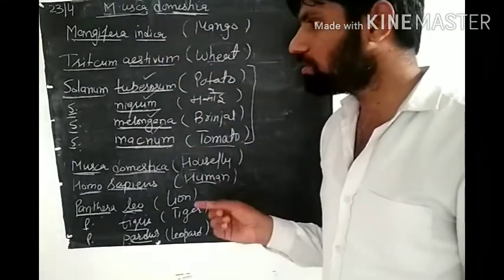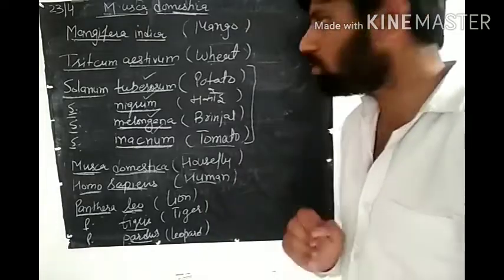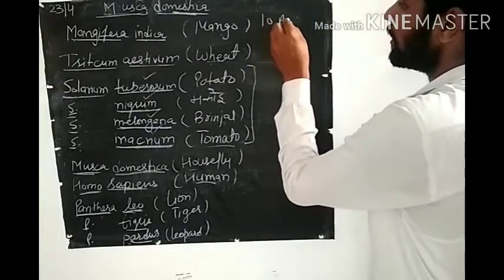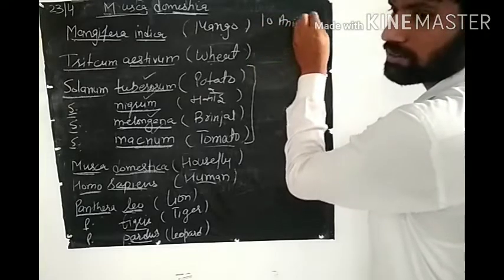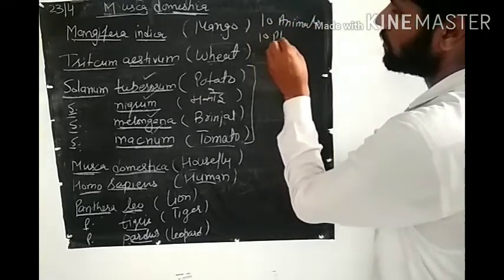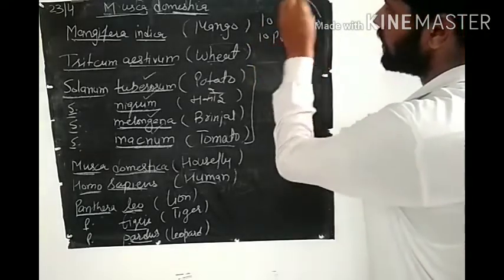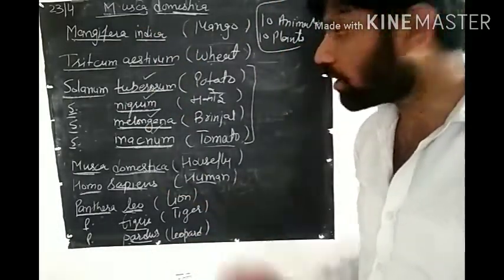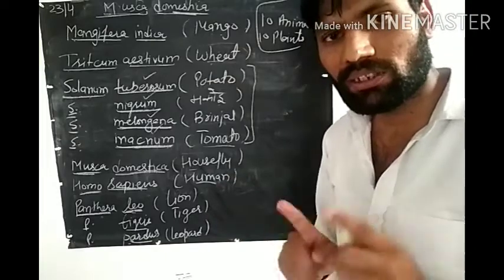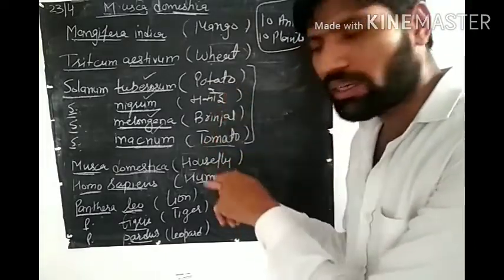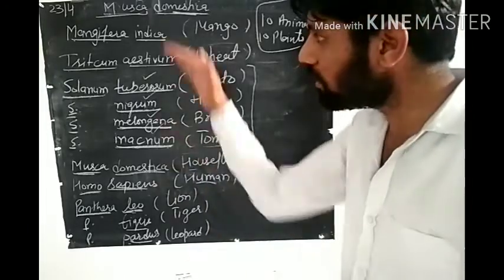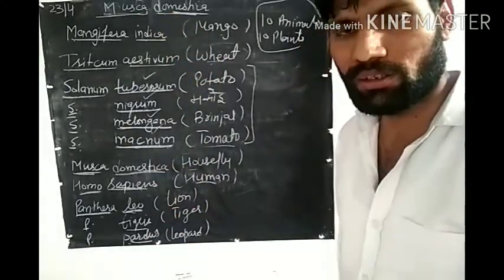Now I am giving you one simple assignment. You have to find 10 names of animals and 10 names of plants, excluding these names. So you have to write the botanical names, zoological names or biological names of 10 plants and 10 animals, separate from these. Okay.